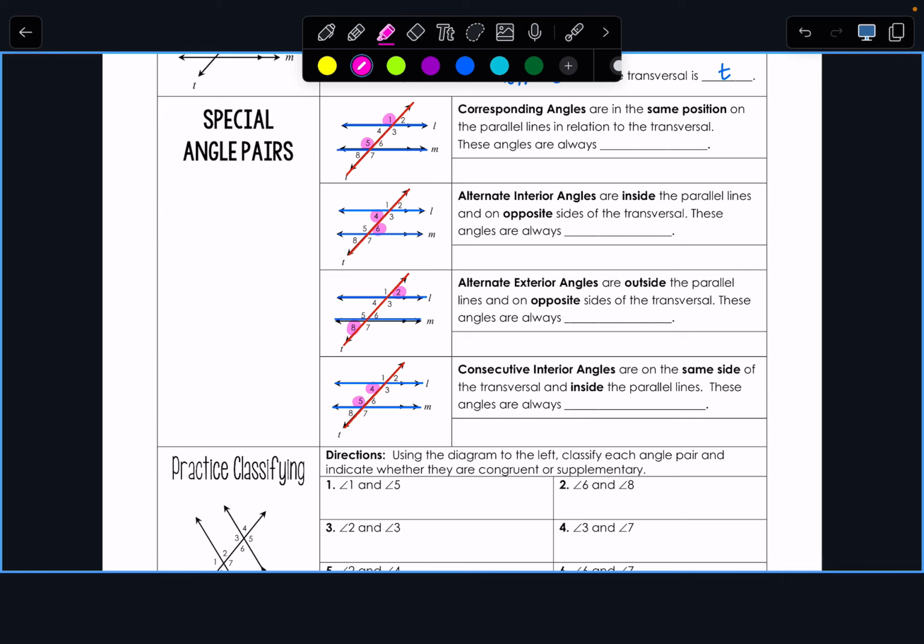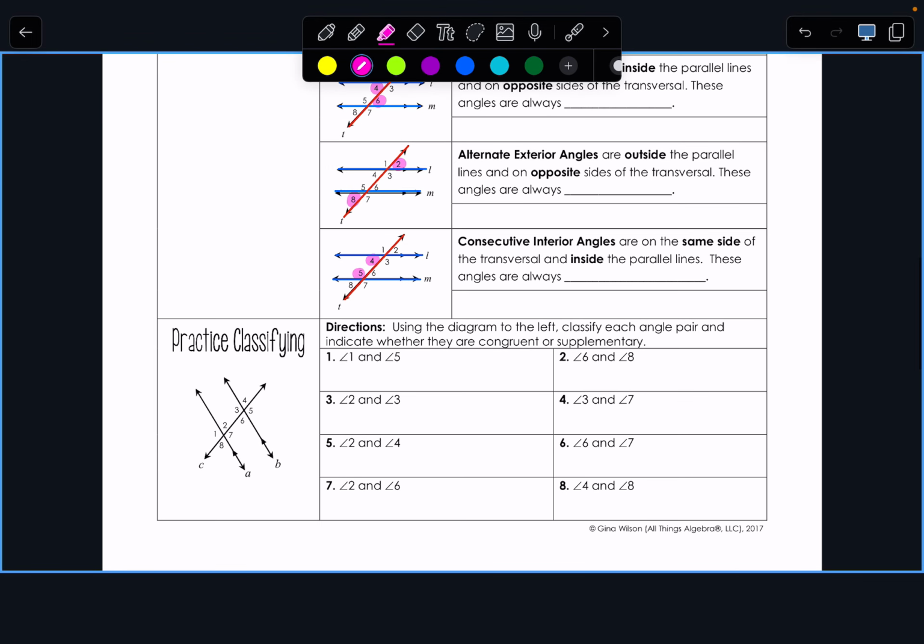Those are our 4 angle relationships. What I'd like you to do with your elbow partner, there are 8 questions down here. We have 2 parallel lines and a transversal.